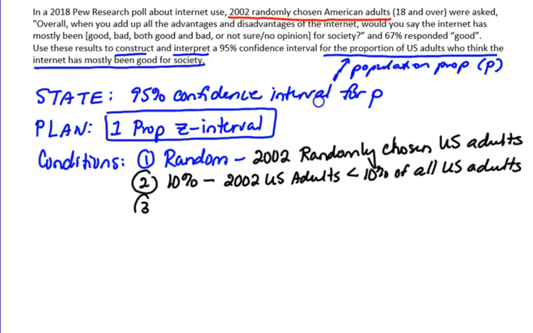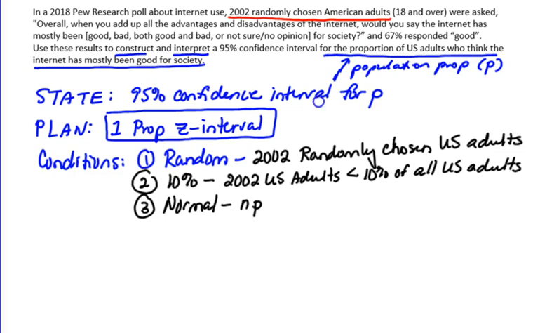The third condition is the normal condition. Am I allowed to use a normal model to represent the distribution of P hat? I can if the condition that NP and NQ, or NP and N times 1 minus P, are both greater than or equal to 10. But recall, I don't know P, so I have to use my value for P hat.